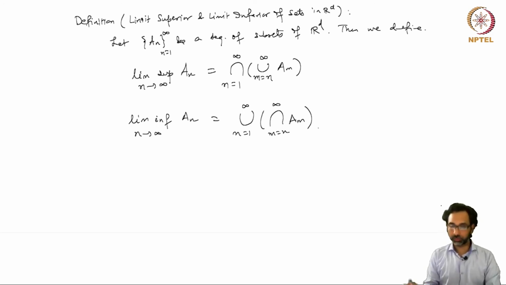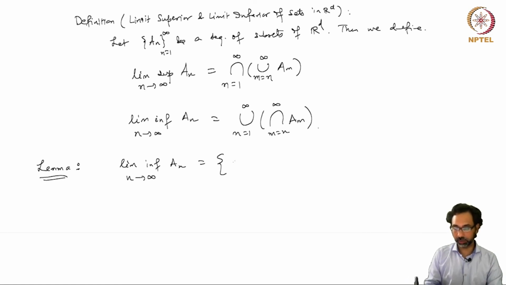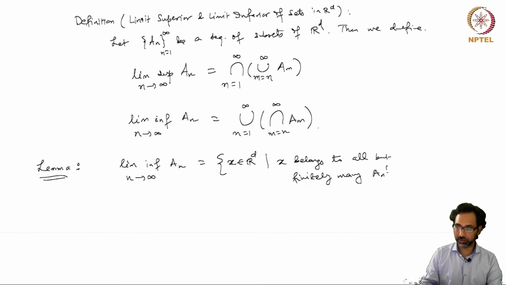So to gain an idea of what these lim sups and liminfs describe, the following lemma is quite useful. It says that the liminf of A_n as n goes to infinity, this set can be described as the set of all x in R^d such that x belongs to all but finitely many A_n's.